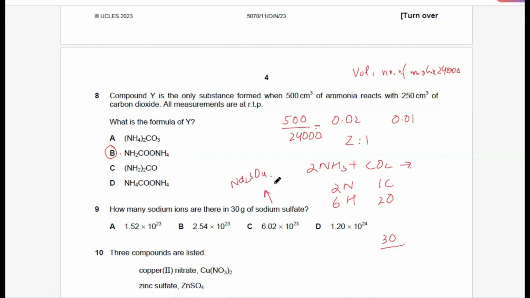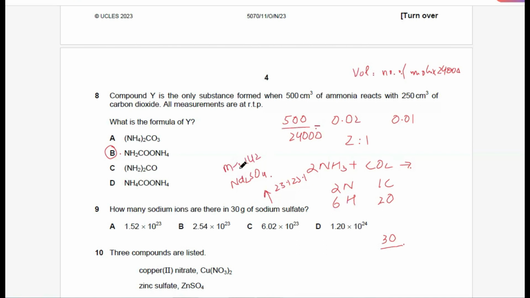Let's check its MR. It is 23 plus 23 plus 32 plus, for oxygen, 16 multiplied by 4, that is 64. So 142 is the MR.